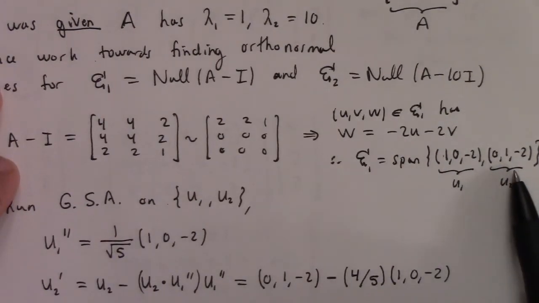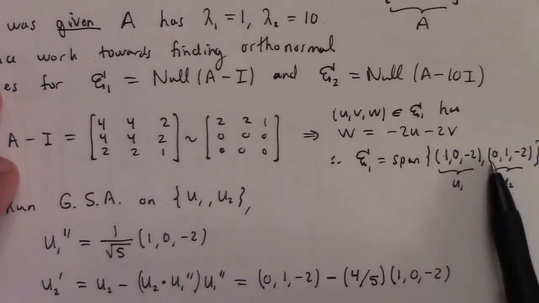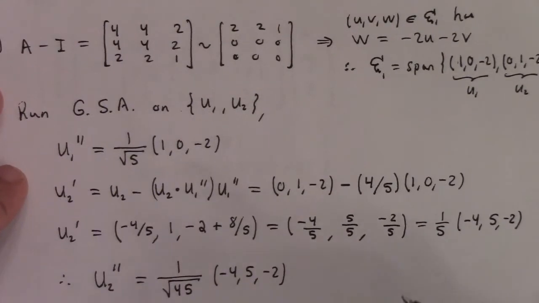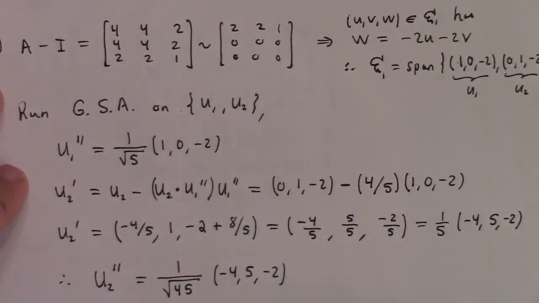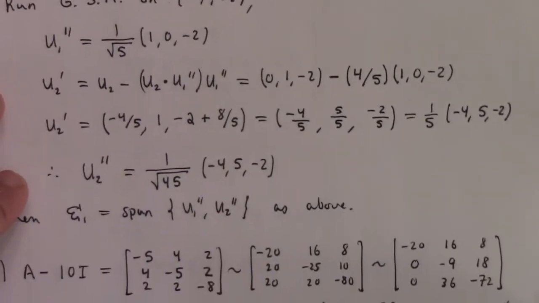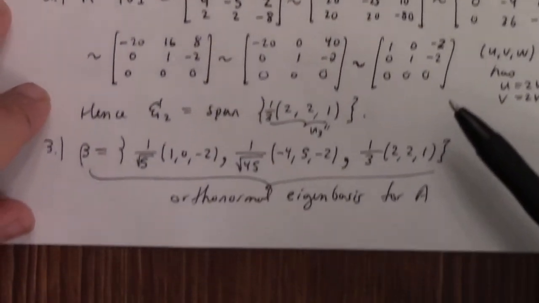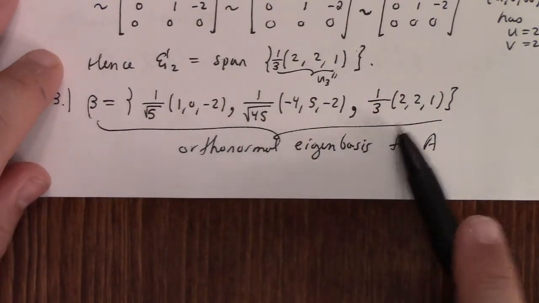If I want an orthonormal one, I have to run what's called the Gram-Schmidt algorithm on these. And I get this, and of course the original one. Anyway, after a bit, I calculate this is the orthonormal eigenbasis for A.